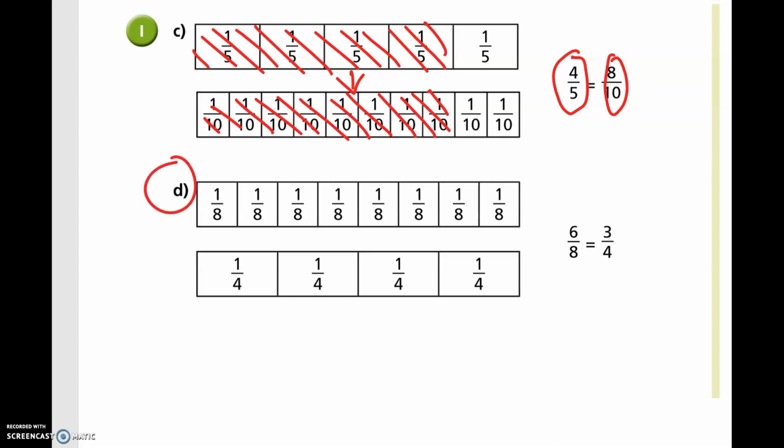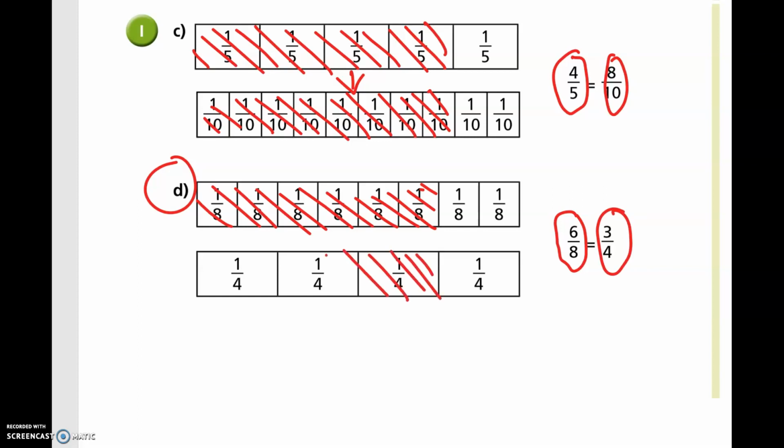Down to D, and this time the chocolate bar has been split into 8 parts. So we've been asked to shade in 6/8. So there we are, 6 of them, 6 little chunks, and that's 6/8. And if I look over here, we have to shade in the exact same equivalent fraction, which is 3/4.